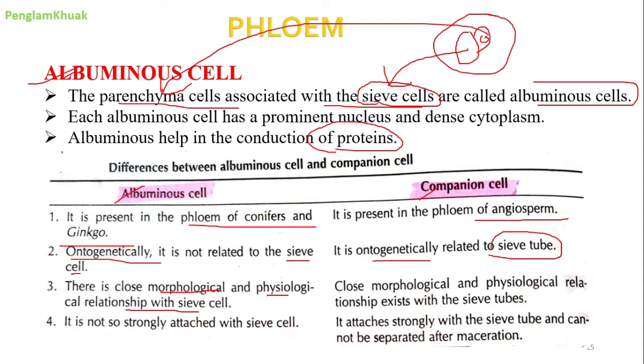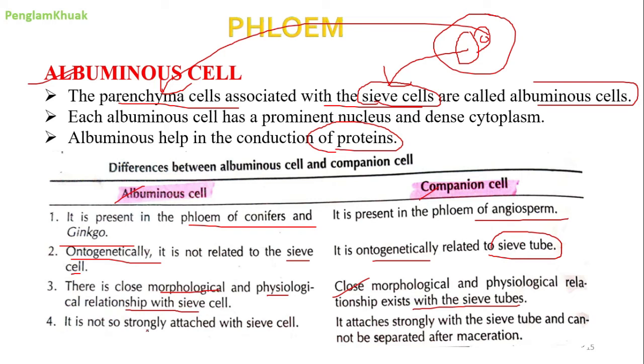Since they help in conduction of proteins, all these parenchyma cells will control the activity of sieve cells. That means they have a morphological and physiological relationship with the sieve cells. And for the companion cell, a close morphological and physiological relation exists with the sieve tube.